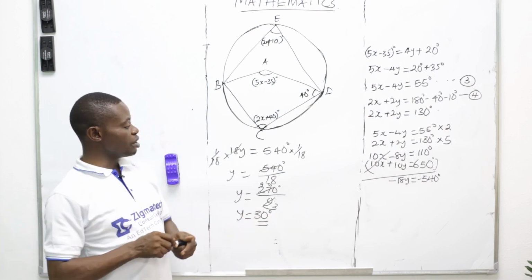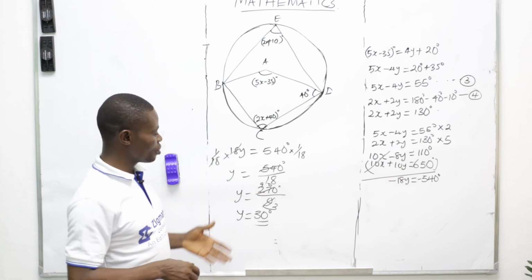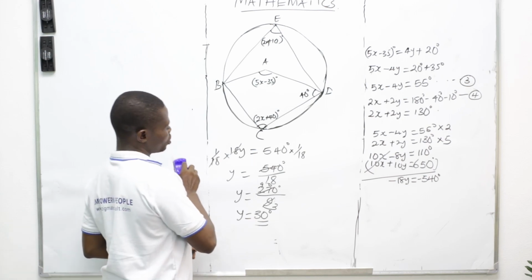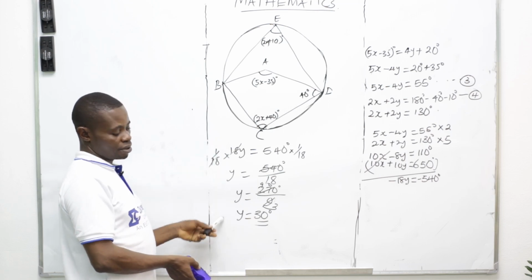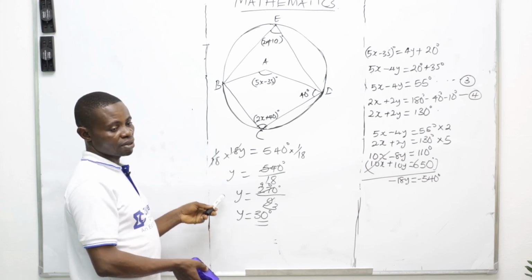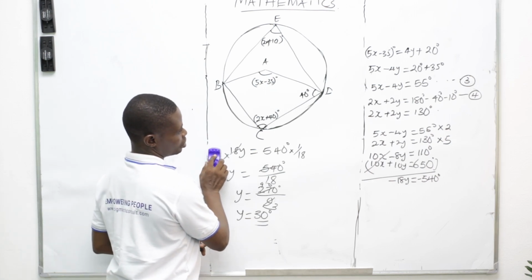Now we have the value of y to be 30 degrees. Solve for who? x. Now we need to solve for x. Having seen this and its solution, our y is 30 degrees.